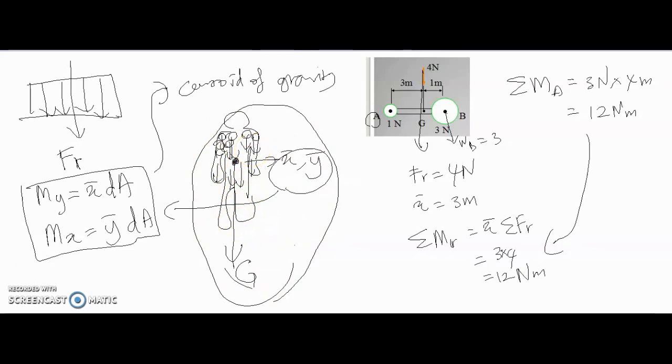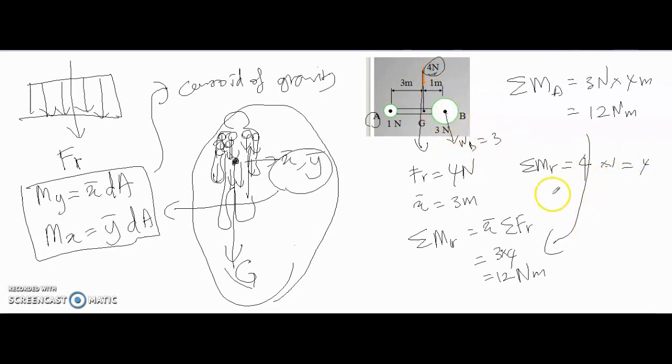If you do it at point B, it is also the same. Let's say we take point B. The resultant moment is equal to, the resultant force is 4, the line of action is 1, so 1 times 4 is equal to 4.